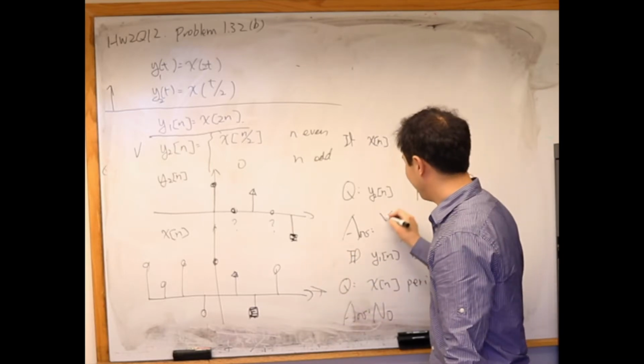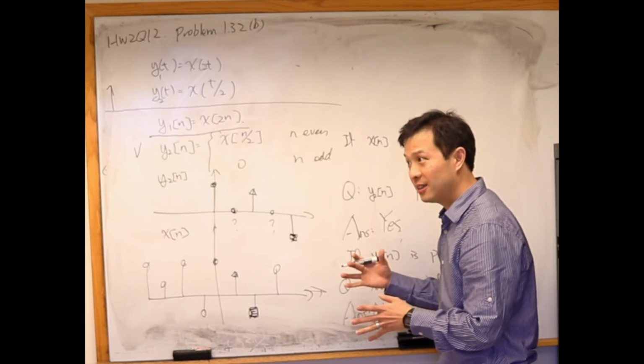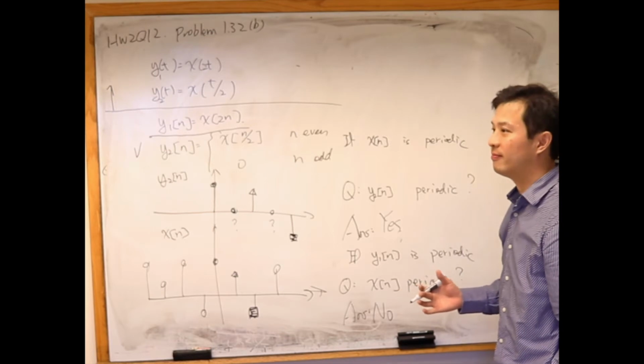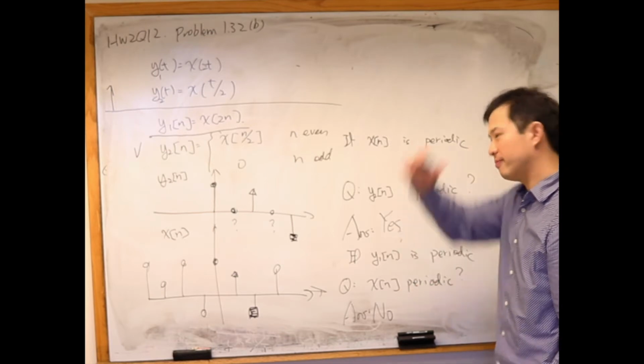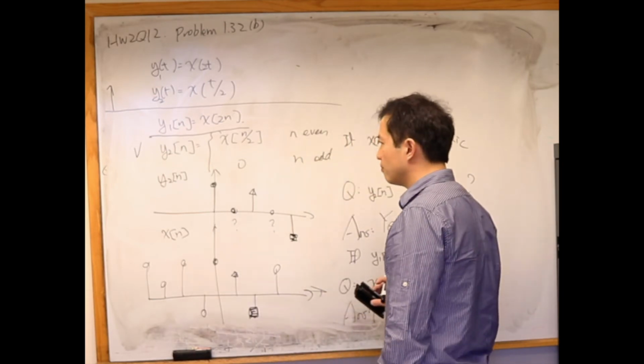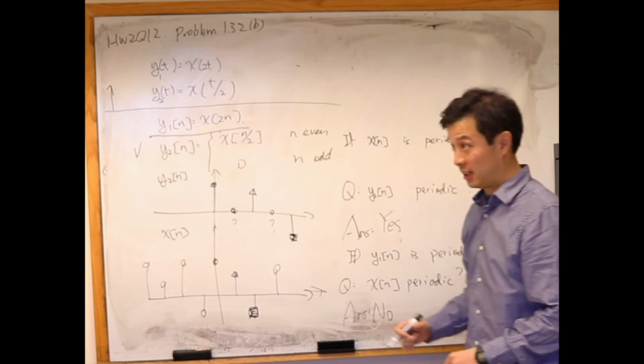Yes. Is everybody following why this is periodic? What if every other one on your x[n] was the same, so that when you look at y2[n] it's just going to be a straight line, and it's no longer periodic? A straight line is periodic. It's still okay, it's still periodic.